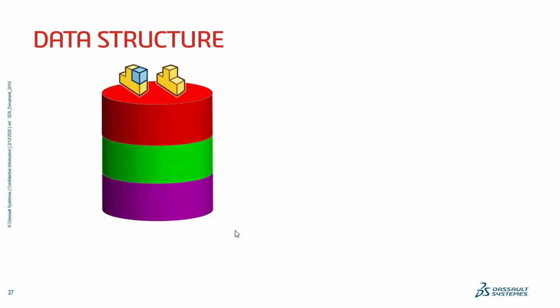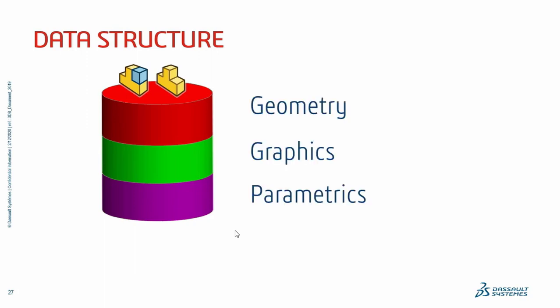So now we will see how the data structure leads to the performance. For the CAD software domain, I will say it has three important parameters. First is the geometry, second is graphics, and third is parametrics.